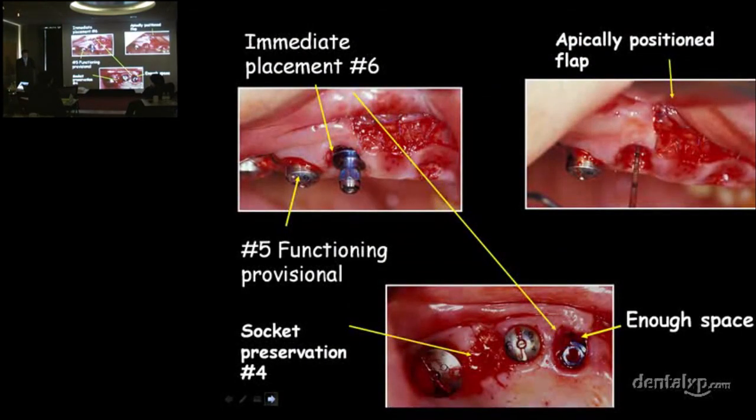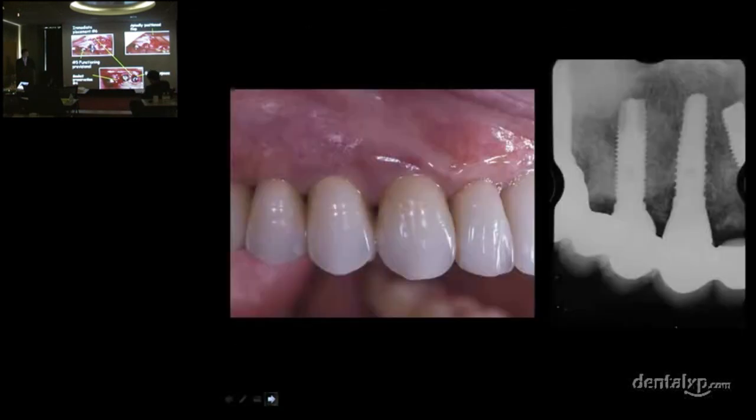Staged consecutive implant placement technique at number 5 and number 6 was used to preserve the bone peak between two neighboring implants. This is the final result. We managed to preserve inter-implant bone crest and create a good papilla between two neighboring implants.